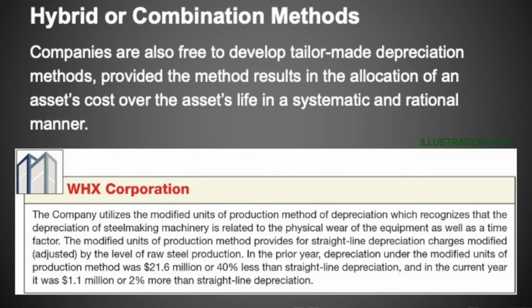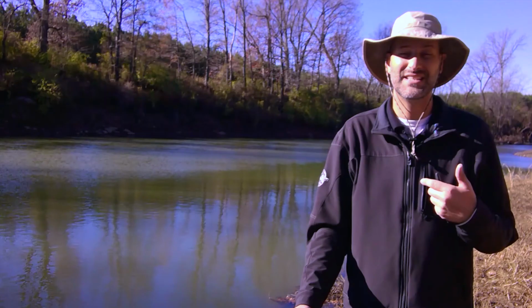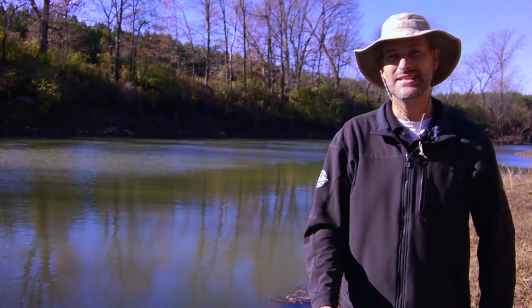So that's what this WHX Corporation, I'll put up their footnote disclosure here, does essentially. One piece of their asset, they say it just expires with time, and another aspect is based on usage. So they calculate depreciation that way. Again, as long as it's systematic and rational, they can do it. It doesn't matter.